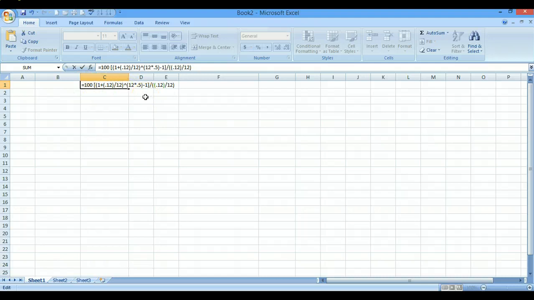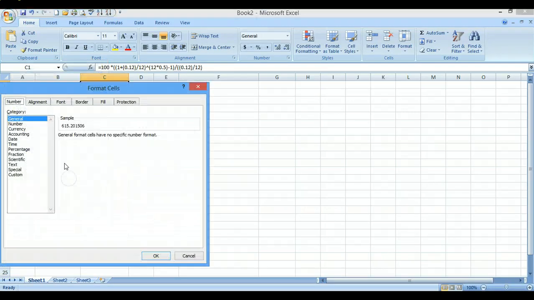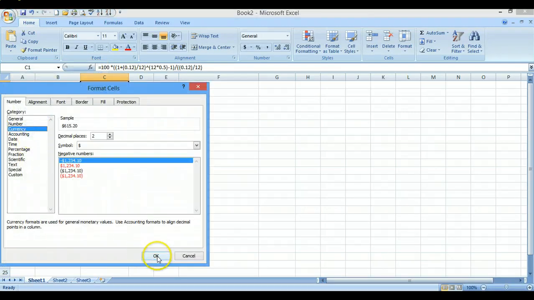Now, it doesn't recognize a space or a blank as being a times sign, so you must tell the computer that. Also, it doesn't do the square brackets, it only does sets of parentheses, so make sure you get that set fixed, and I think everything else is good to go. Press enter, and I'm going to go ahead and format this as currency.